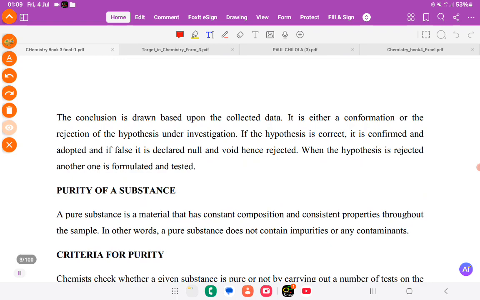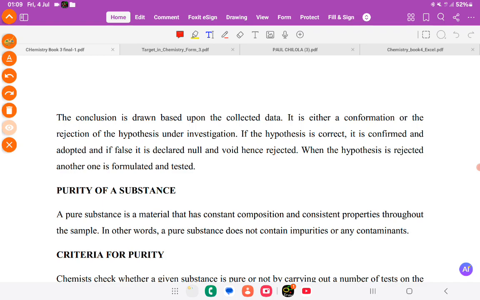So we are saying the conclusion is drawn based upon the collected data. It is either a confirmation or the rejection of the hypothesis under investigation. If the hypothesis is correct, it is confirmed and adopted, and if false, it is declared null and void, hence rejected. When the hypothesis is rejected, another one is formulated and tested.